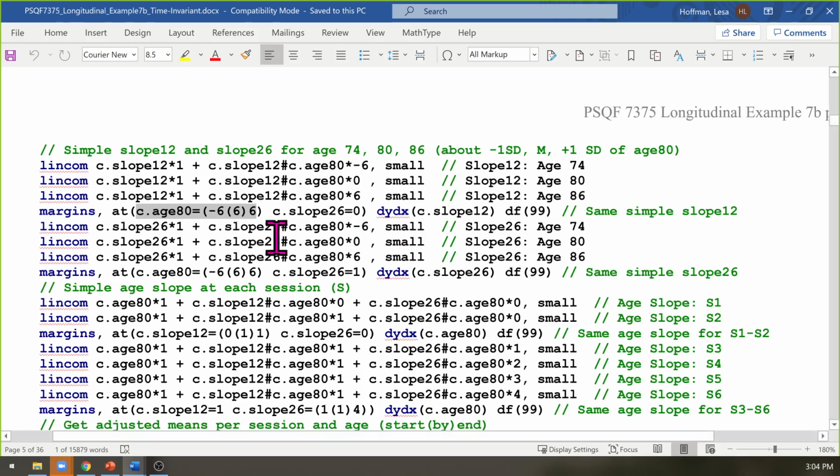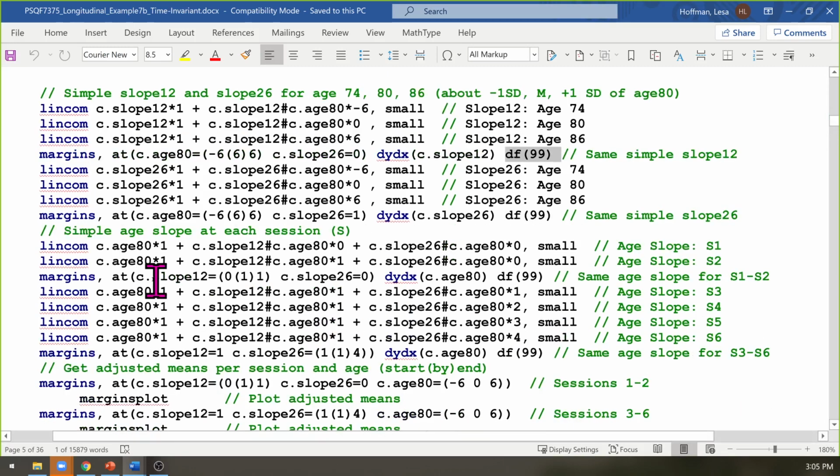The only catch is that margins doesn't have a small option so that you can use denominator degrees of freedom, but you can import them manually. So I had to look up what denominator degrees of freedom turned out to be in the other programs and then stick it in here. The same thing is true for slope 2, 6.